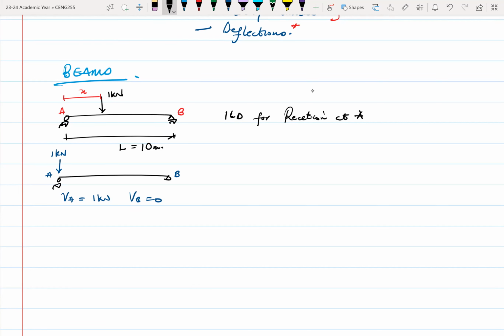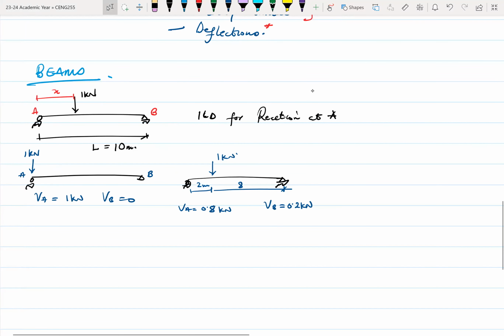Now let's look at another instance. Same everything, but this time around, our load is some 2 meters away. Now, if this is still 1 kilonewton, your VA is 0.8 kilonewtons, then your VB is 0.2 kilonewtons.